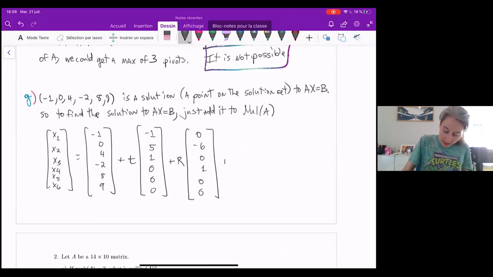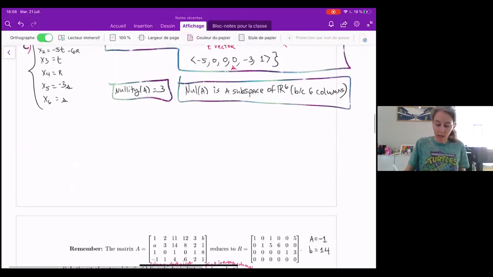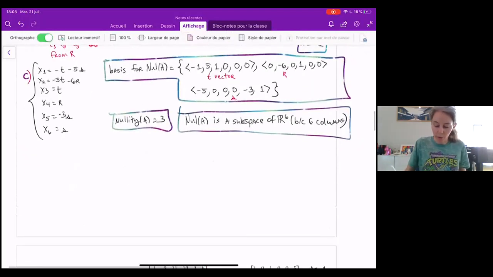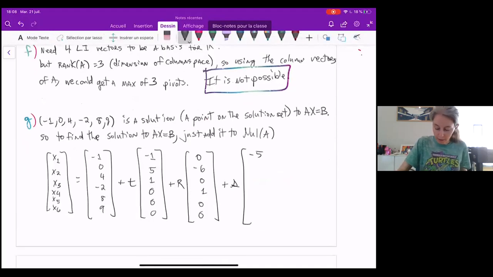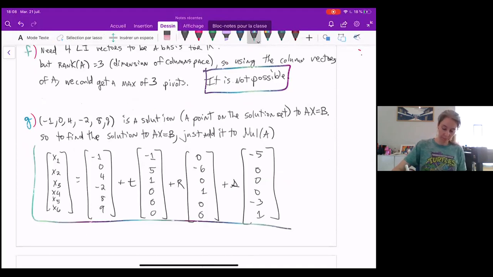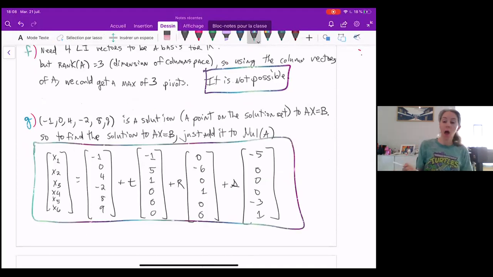And then plus s times my last basis vector. So that is -5, 0, 0, 0, -3, 1. And this is my final answer. We just added a point to the null space.